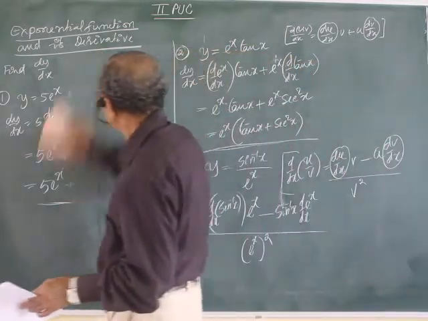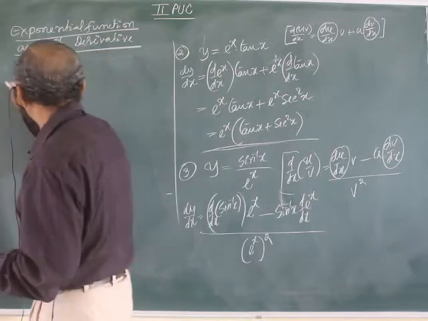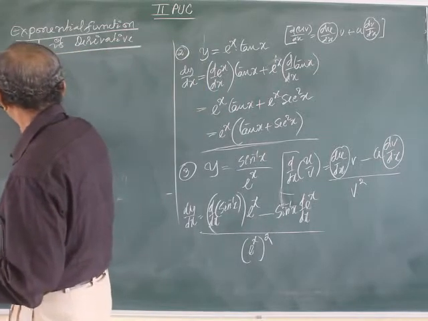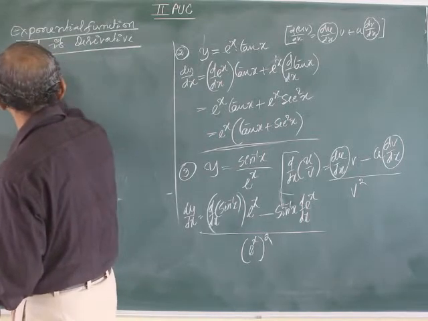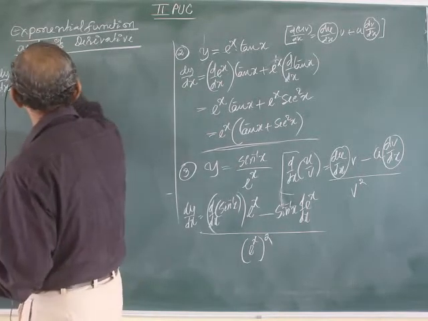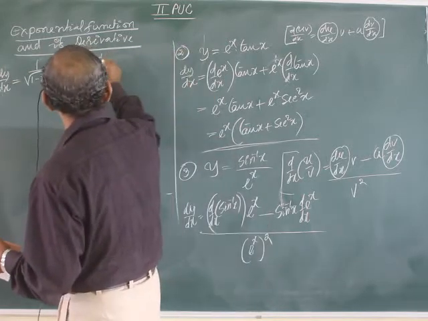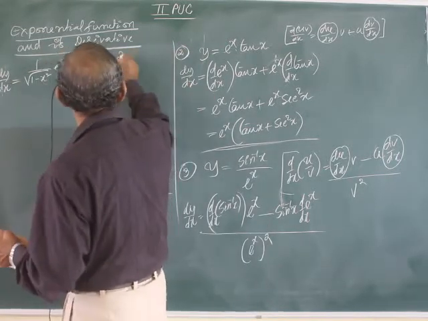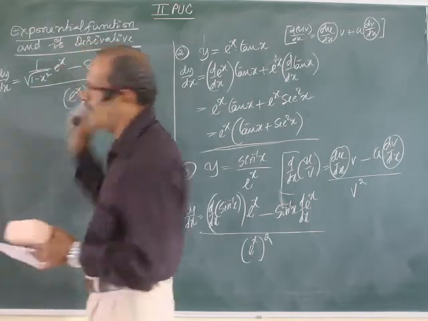Only simplification left. dy by dx equal to sin inverse x derivative, 1 by root 1 minus x square, into e to the power x, minus sin inverse x into e to the power x, by e to the power x whole square.